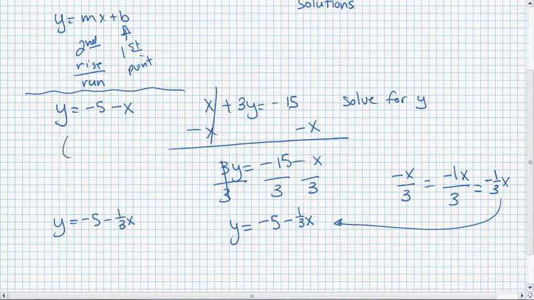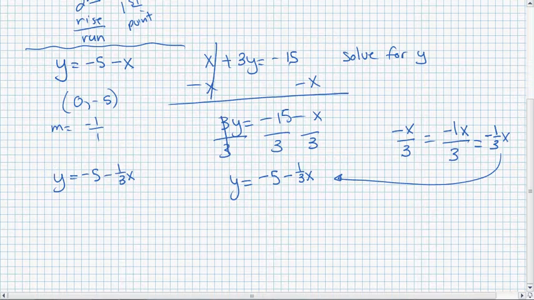The first equation, my y-intercept is (0, -5), and my slope is -1/1. The second equation, my y-intercept is also (0, -5). Well, I wonder where these two lines are going to cross. Big surprise, right? My slope is -1/3.